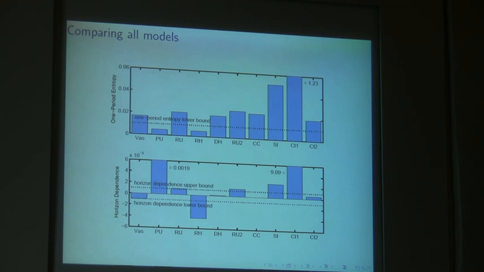Recursive utility with constant volatility, we can't find parameters that do that. The previous picture I put up, we can tweak parameters, and we can in fact get lots of entropy, and we can kind of get horizon dependence. There's no freedom to do that. Ratio habits don't work. Difference habits don't work. Recursive utility with stochastic volatility.